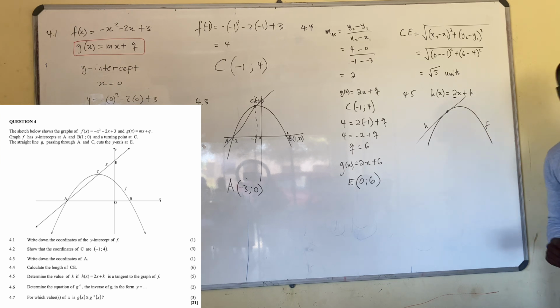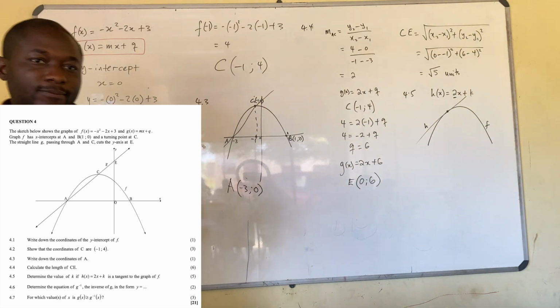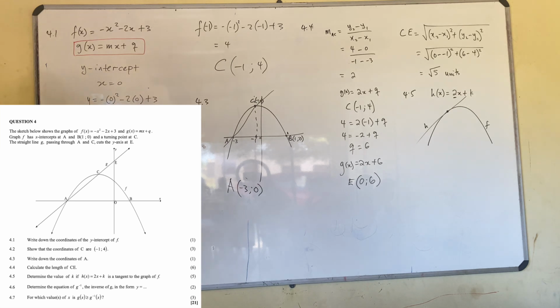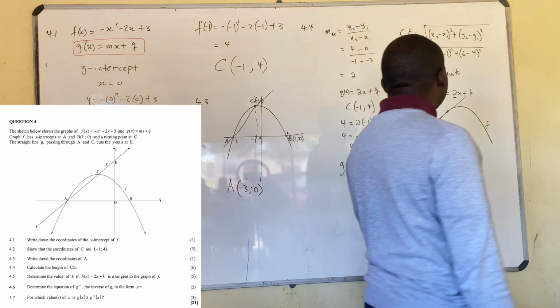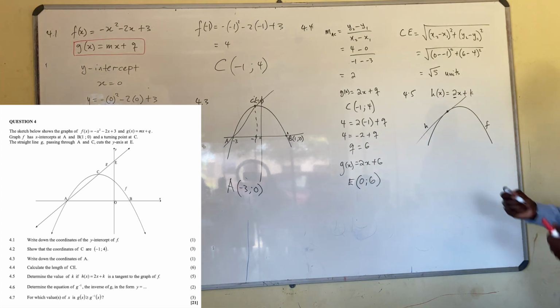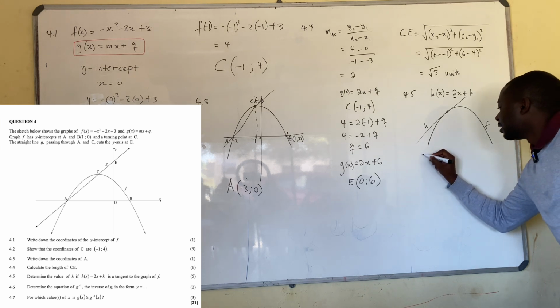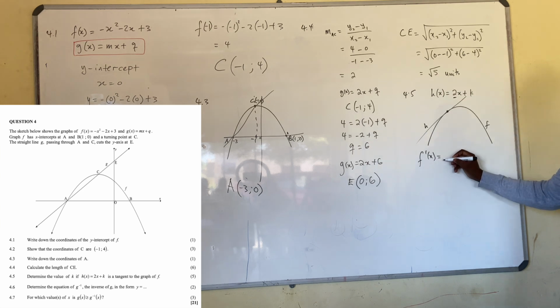Right. So then, what's next? After understanding that, how do we use that now to solve our problem? Derive the equation. Oh, do differentiate? Yes. Okay, yes. So we differentiate f. So let's say f prime of x is equal to what?